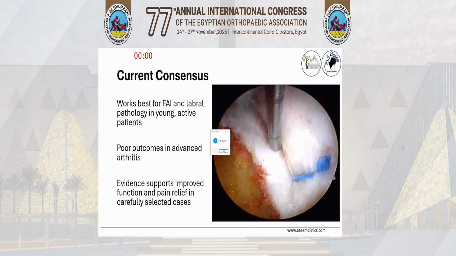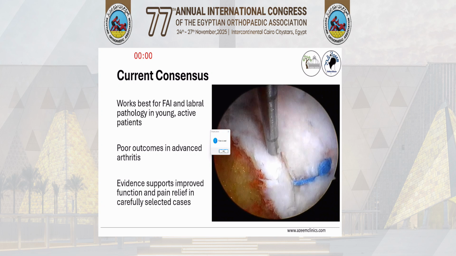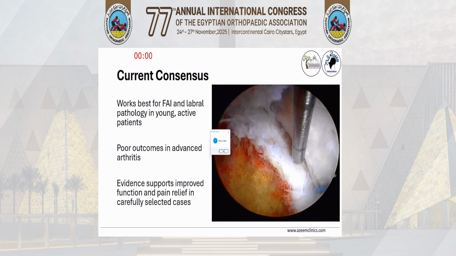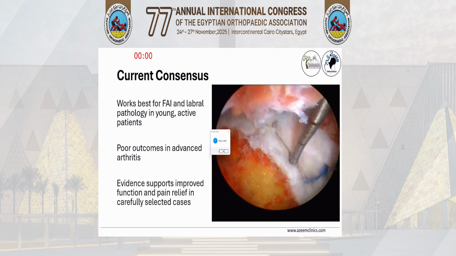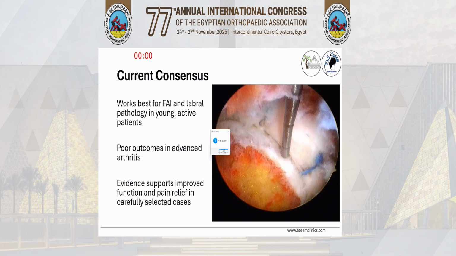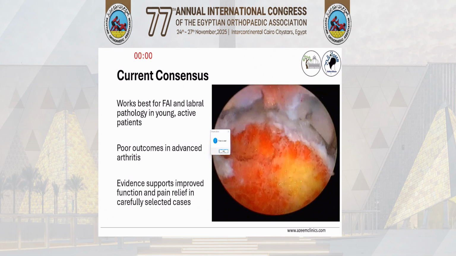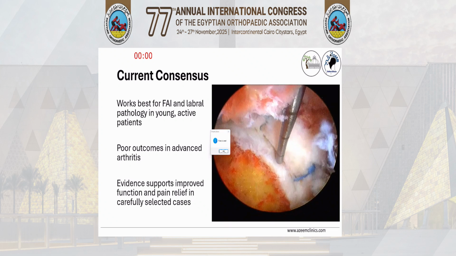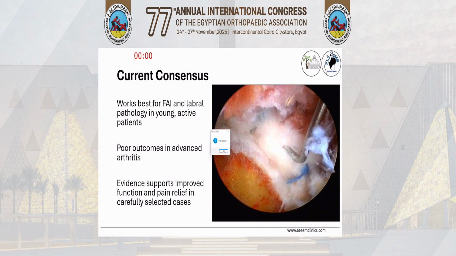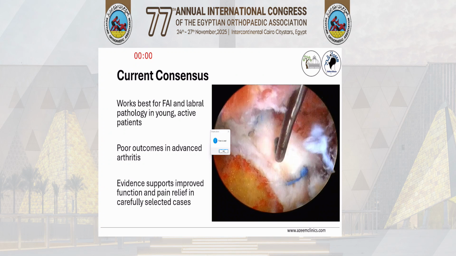Evidence supports improved function and pain relief in carefully selected cases. So that's the summary: it works well for femoroacetabular impingement as well as treatment of labral pathology, but it's always associated with poor outcome in advanced arthritic cases, and the evidence supports that you select the case to have a good outcome. Thank you.